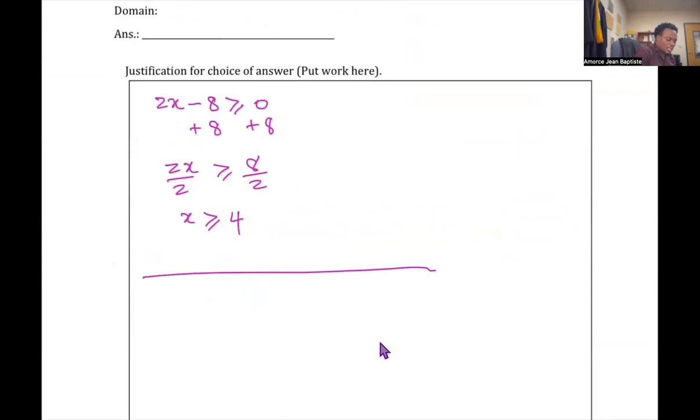On the number line, what this would look like, that's 0. 4 would be on the right, and then everything on the right of 4 can be part of the domain, since the only problem is we don't want to take things that would make the expression negative.